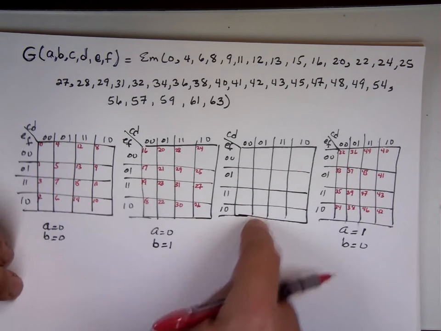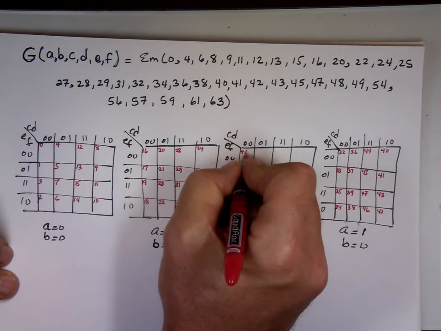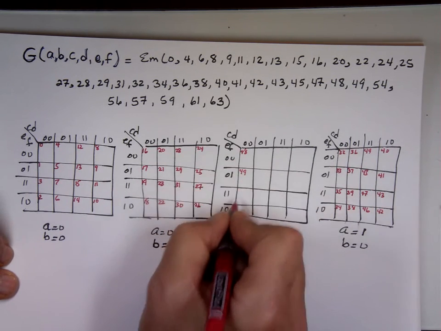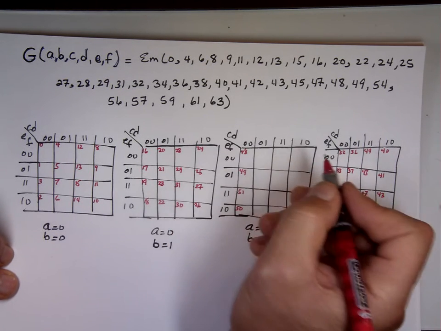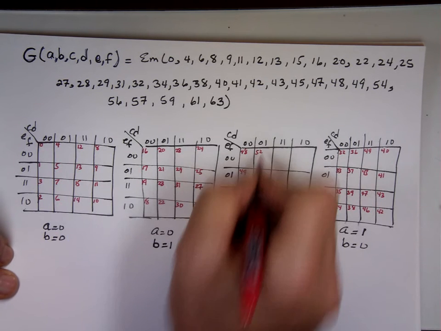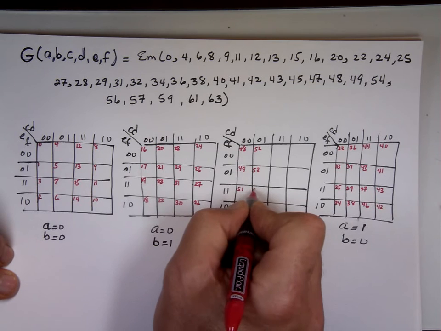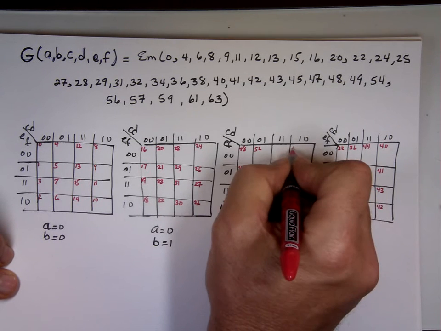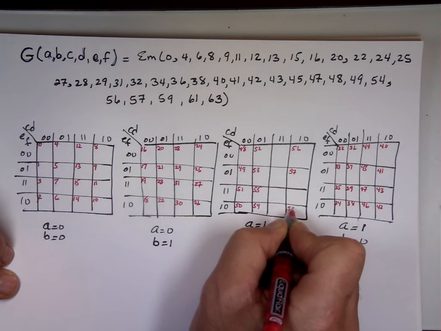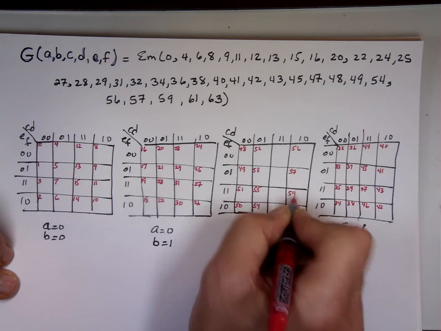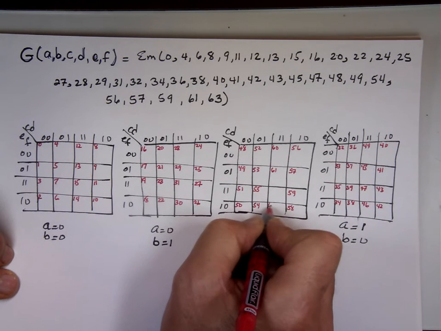That's the last group. 48, 49, 50, 51, 52, 53, 54, 55, 56, 57, 58, 59, 60, 61, 62, 63.